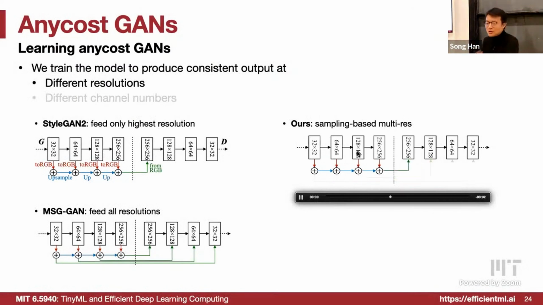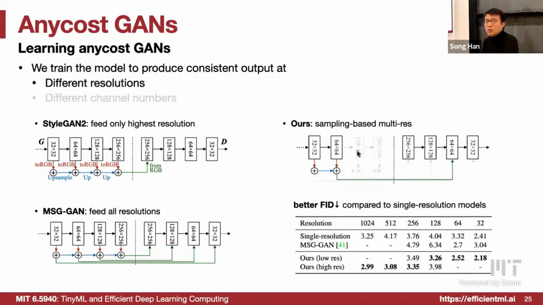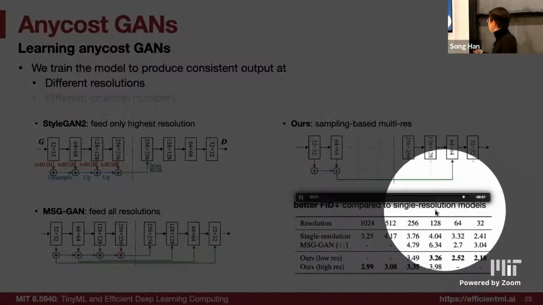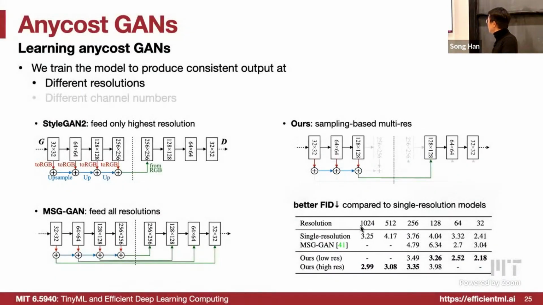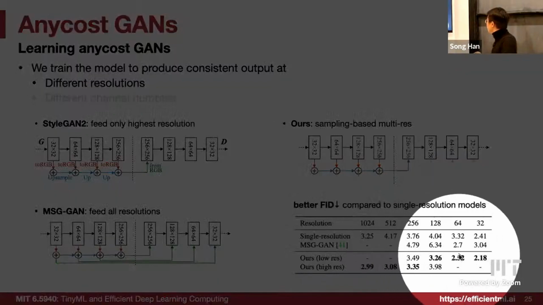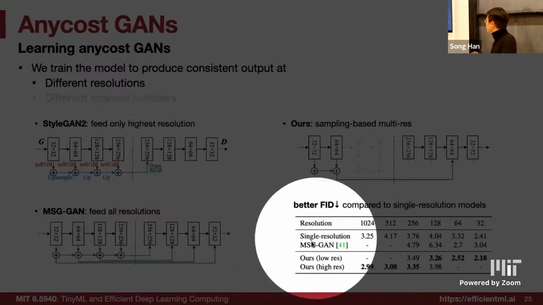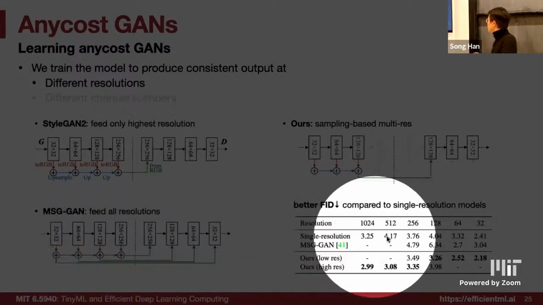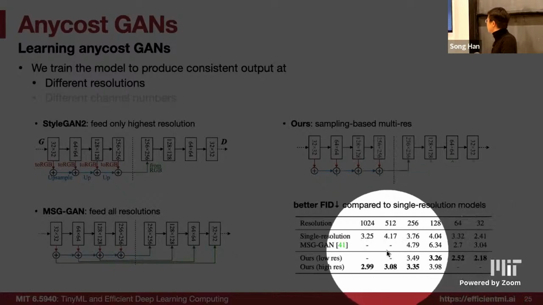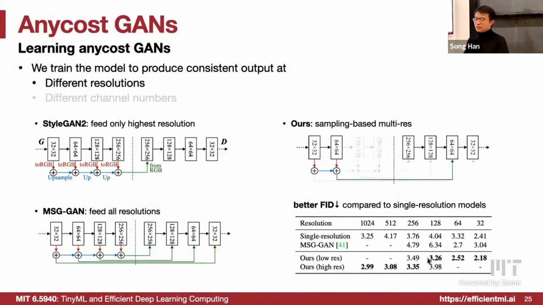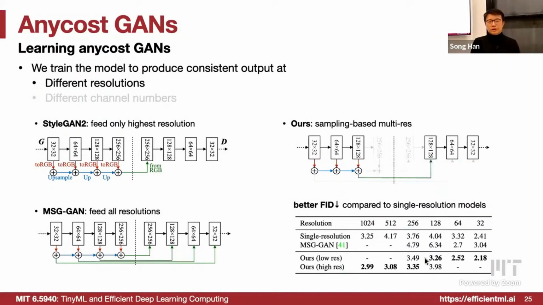We randomly sample different resolutions to feed to the discriminator, such that when we are running at different resolutions, from 32, 64, all the way to 1K by 1K, our approach consistently has a lower FID compared with a single resolution, and versus MSG GAN, which uses all the resolutions, and significantly reduces the FID at both low and high resolution. So this is the sampling-based multi-resolution support, very similar to the discriminative model we built.